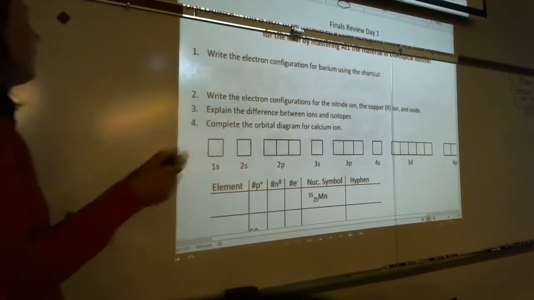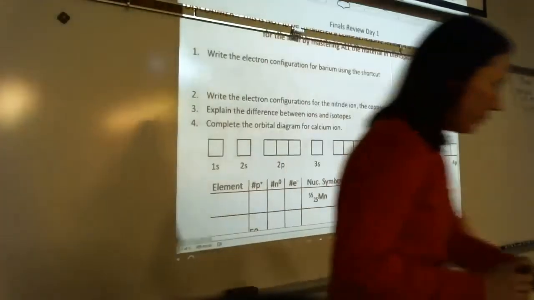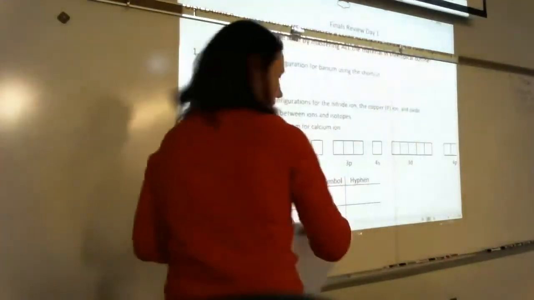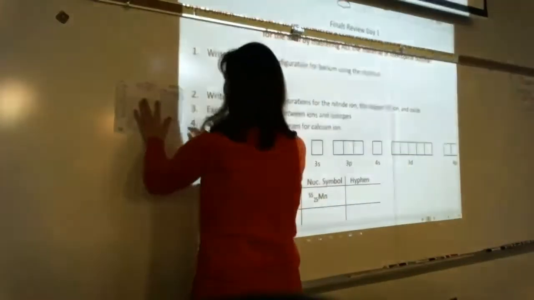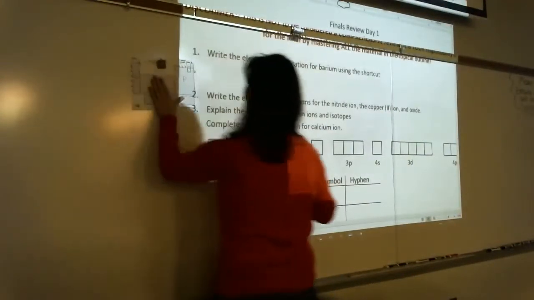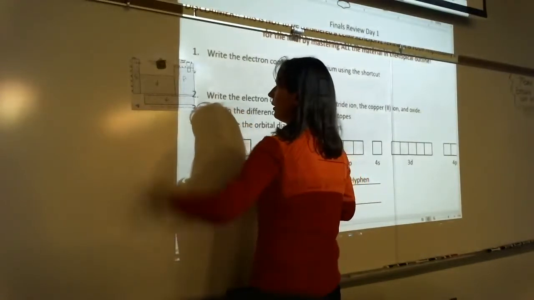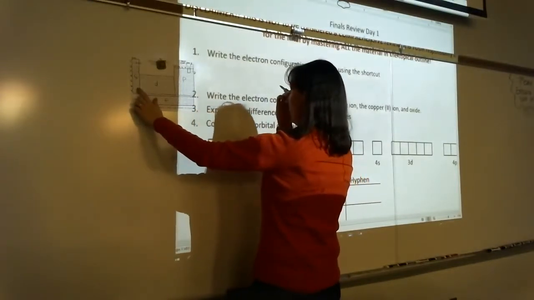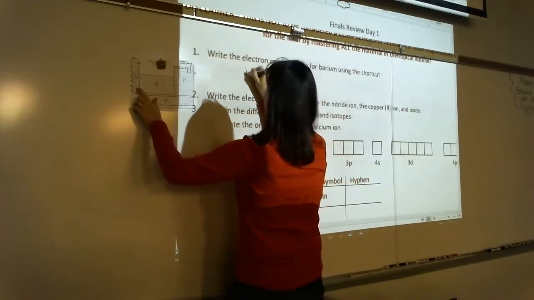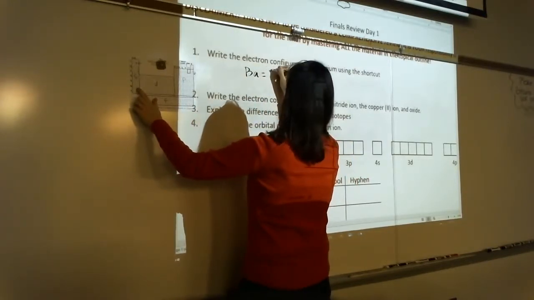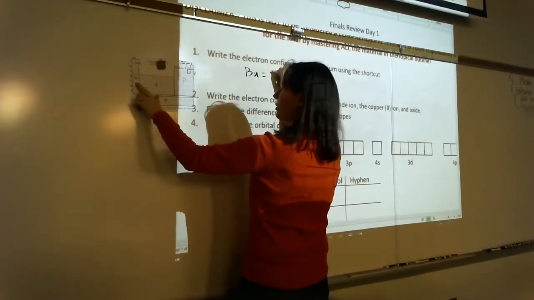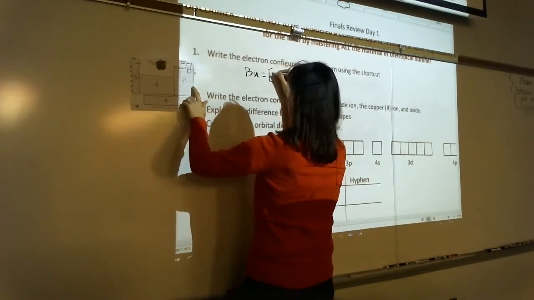All right, so write the electron configuration for barium using the shortcuts. Barium, number 56, right? So what is our element that we put in brackets? We go up a row and to the end, so what is that?